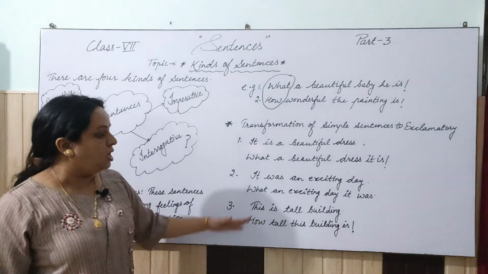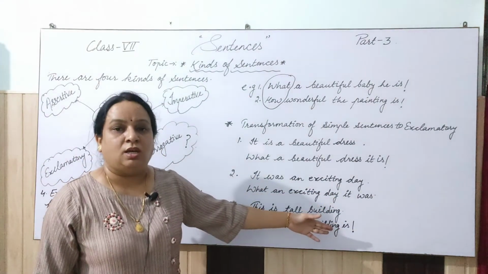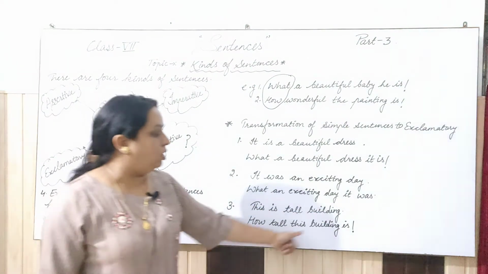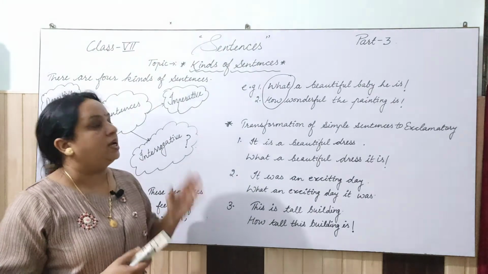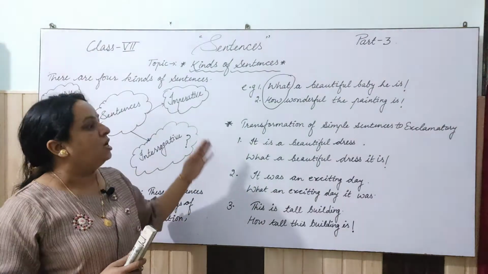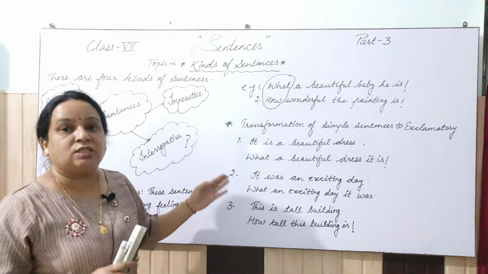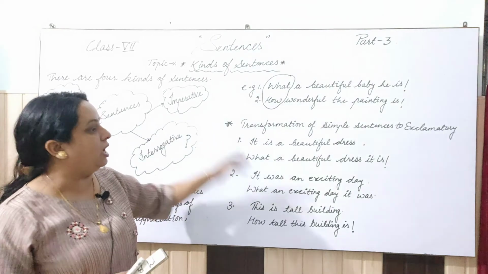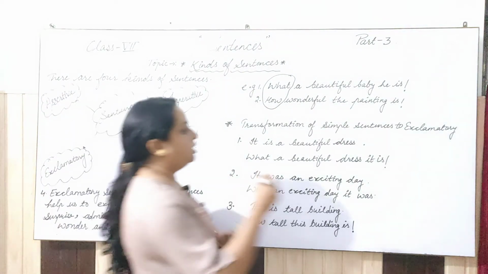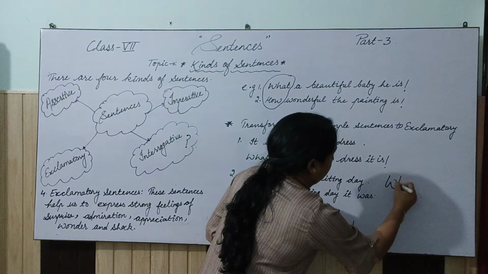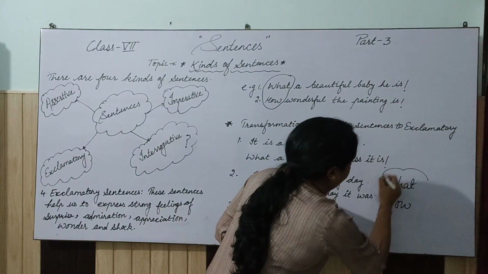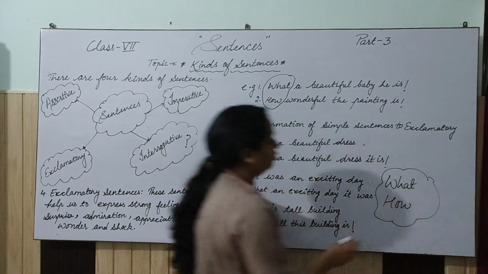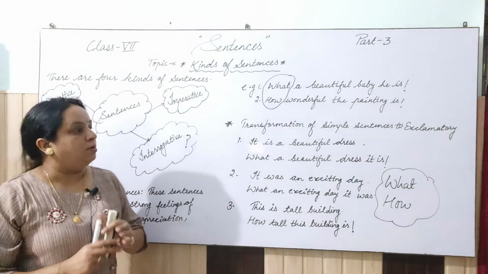Third sentence, this is a tall building. So you will say how tall this building is. Clear? So we can change simple sentences to exclamatory sentences with the help of 2 words, that is what? One is what and second is how. These are the words which you have to keep in mind always.